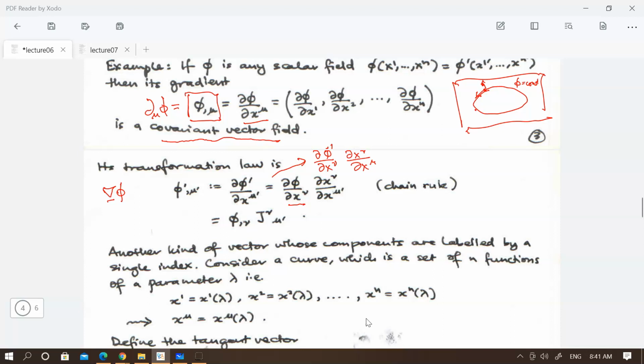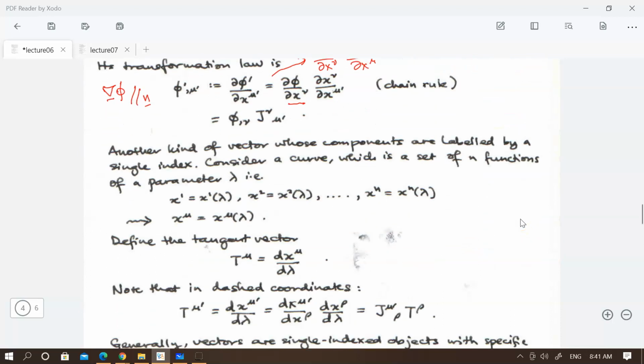And you know, the gradient of phi is parallel to the normal to a surface of phi equals constant. So that's why I mentioned the normal here instead of the tangent. So that is a covariant vector.